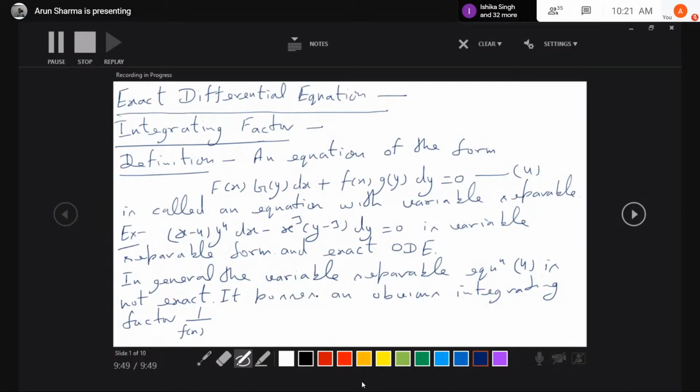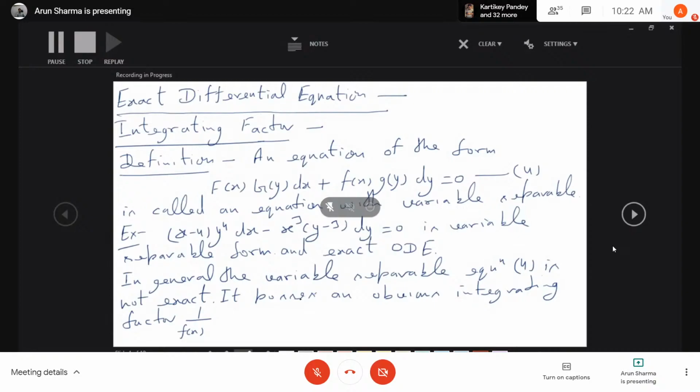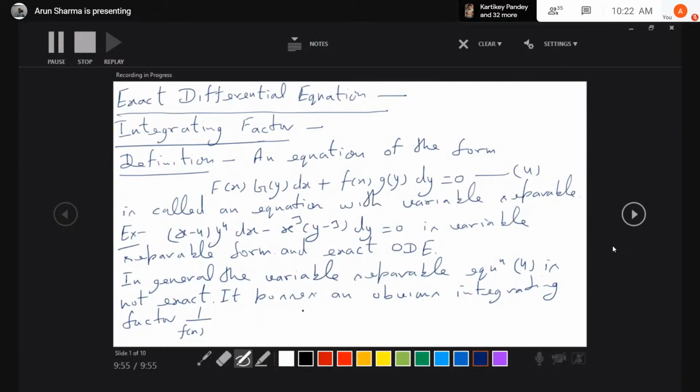I think this statement is wrong. Or if you don't like this word, then you can say it has an obvious integrating factor 1 upon f(x)g(y).